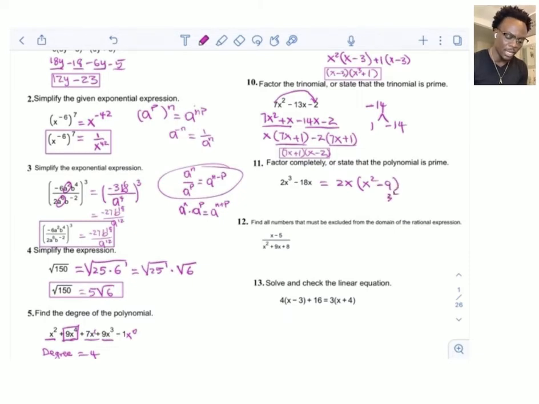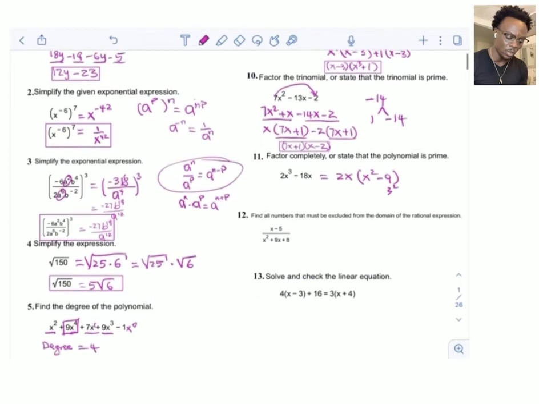So we can say that we have a difference of squares, x squared minus 3 squared. Whenever you have a difference of squares, the formula you use, a squared minus b squared, is a minus b times a plus b.